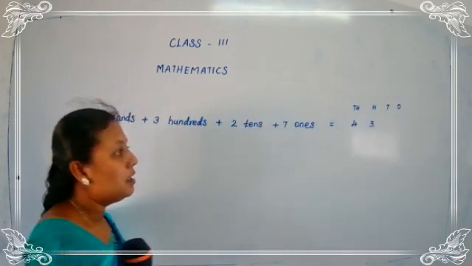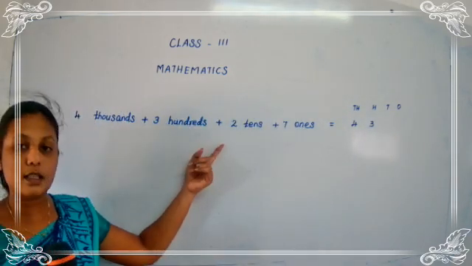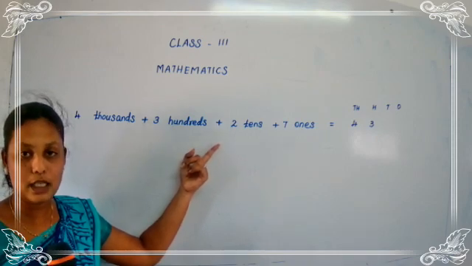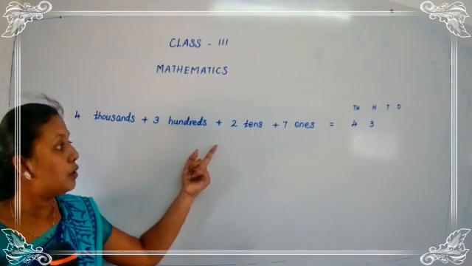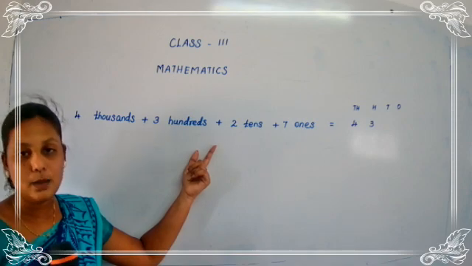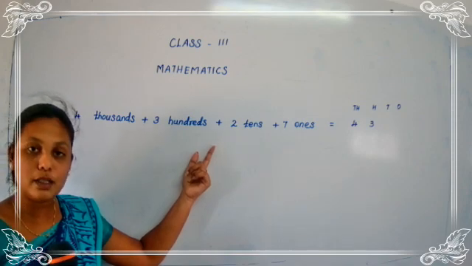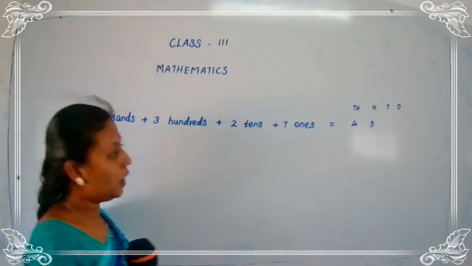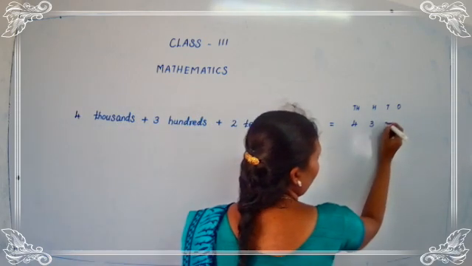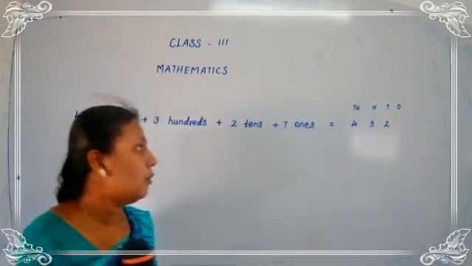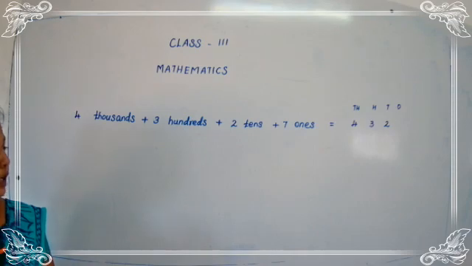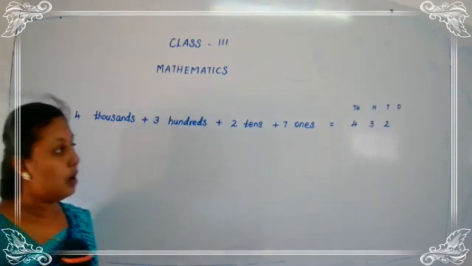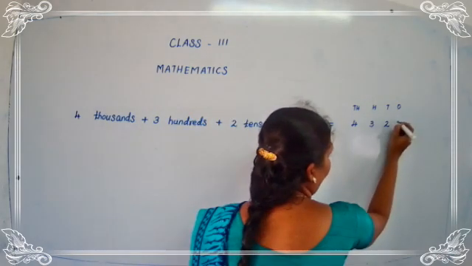Then see the tens. How many tens are here? 2 tens. The place value of 2 is in the tens place, so we write 2 in the tens place. Then see the ones place. How many ones are here? 7 ones.